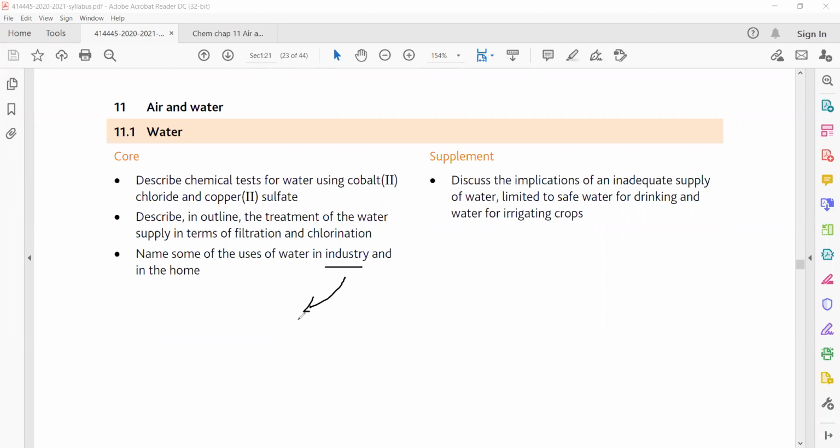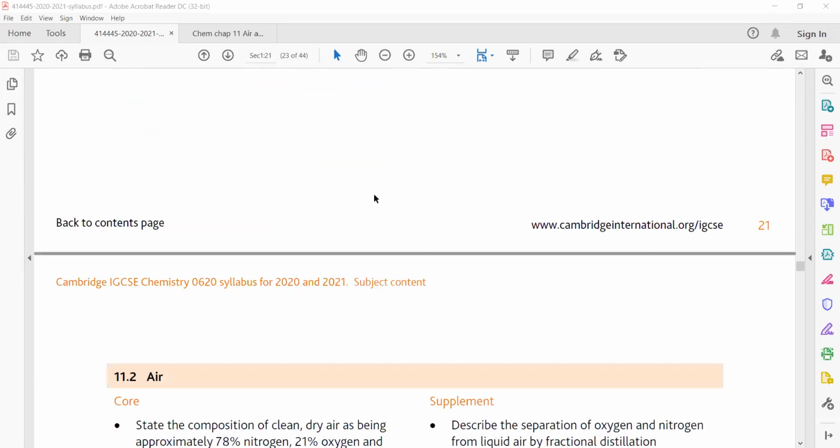That's why you will find some surgical apparatus kept in a box which has an ultraviolet source, to kill bacteria. In industry, we use water as a solvent as well as a coolant to cool down the industry. In the home, we use water for drinking as well as for washing.